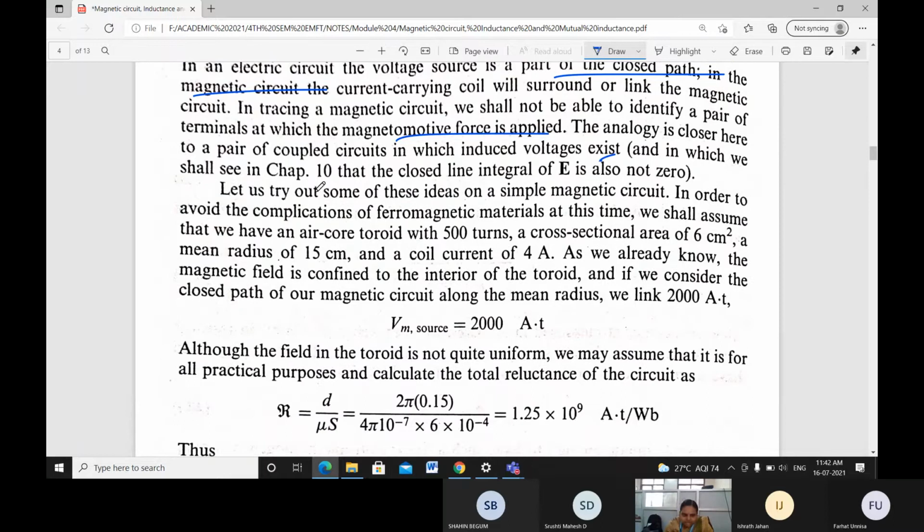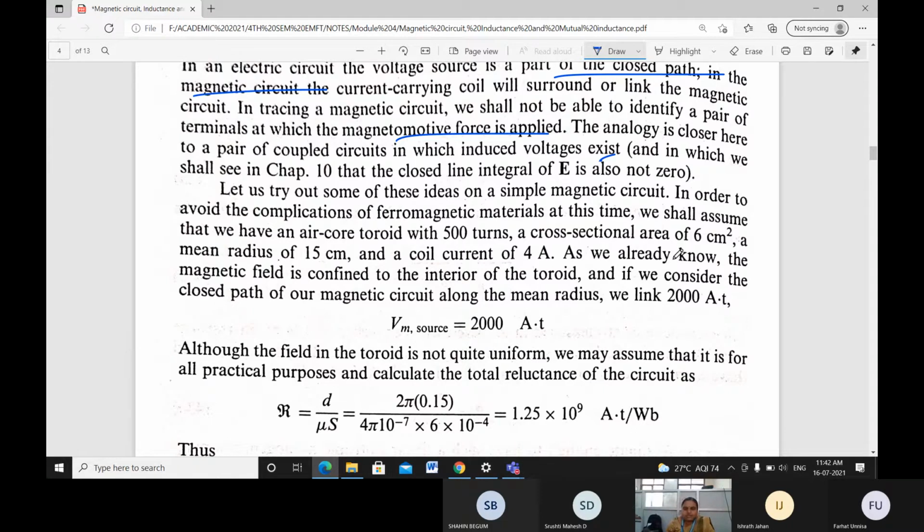Then let us try out some of these ideas by taking a simple magnetic circuit, in order to avoid the complications of ferromagnetic materials at this time. We are assuming an air core toroid with 500 turns, a cross-sectional area of, for example, 6 square centimeters, a mean radius of 15 centimeters and a coil current of 4 amps.